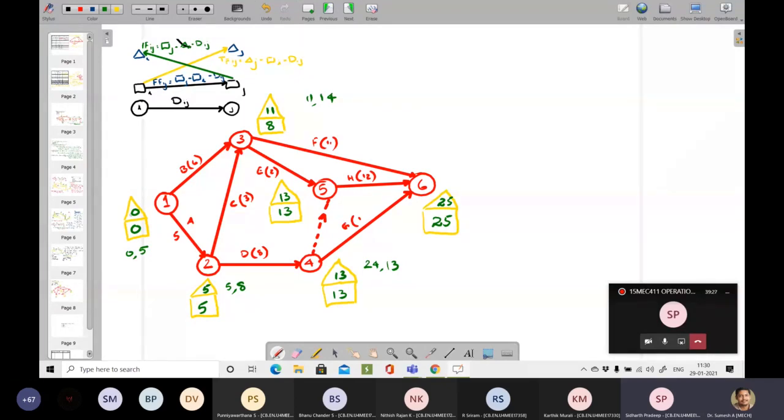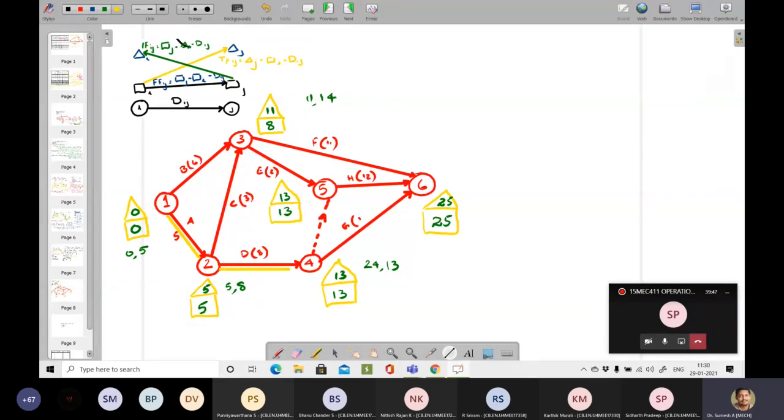1 2 4 5 6. Yeah. So 1 to 2, 2 to 4, then 4 to 5, and then 5 to 6. Okay.